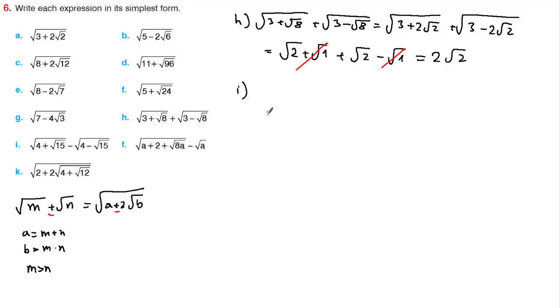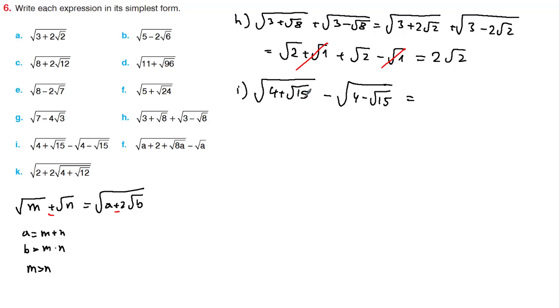We have square root of 4 plus square root of 15 minus square root of 4 minus root of 15. And now if we try to factor out a 4, you'll see that it doesn't work.